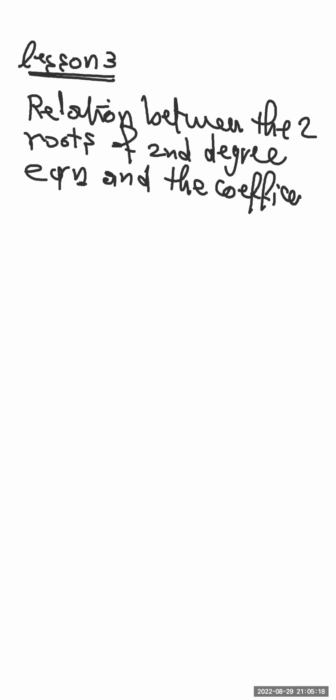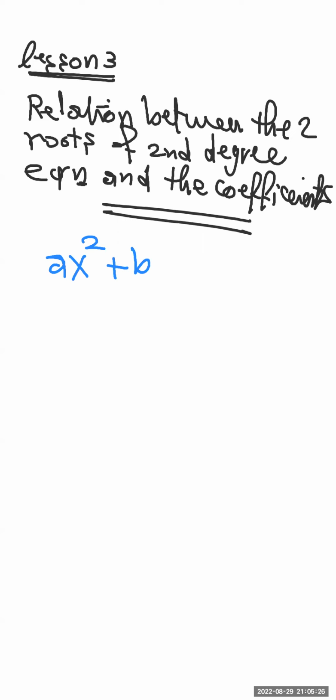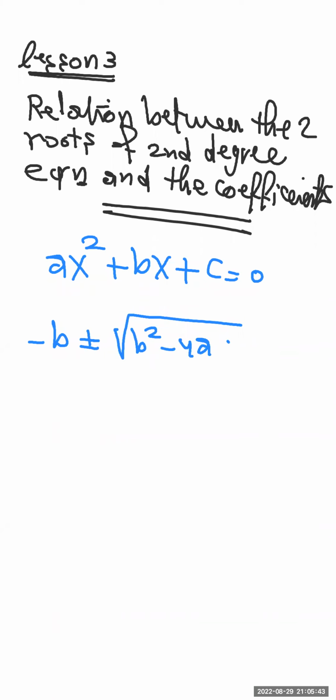Of course, we studied before that the general formula for the quadratic equation is ax squared plus bx plus c equals 0. And also the general formula to get the two roots of the equation is negative b plus or minus square root of b squared minus 4ac over 2a.